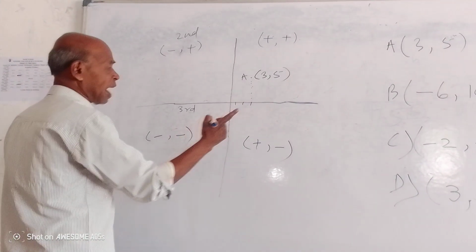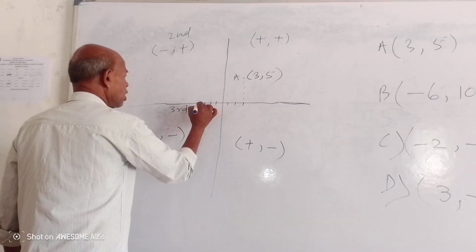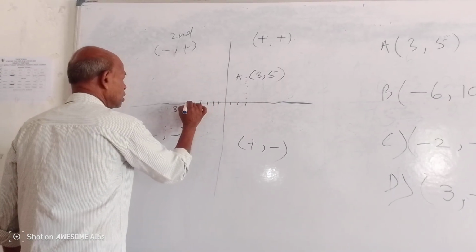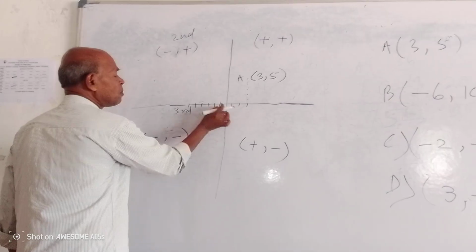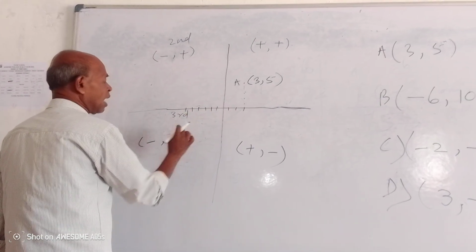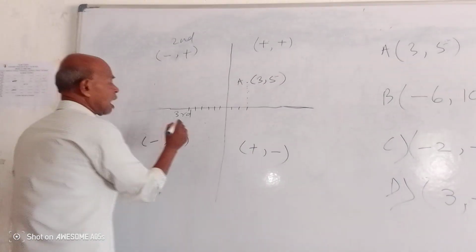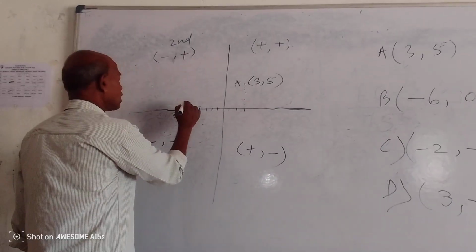And point B, (-6, 10): 1, 2, 3, 4, 5, 6. These units will be of the same distance, same measurement. Each division we consider as 1 unit. Here it is 6, then 10.